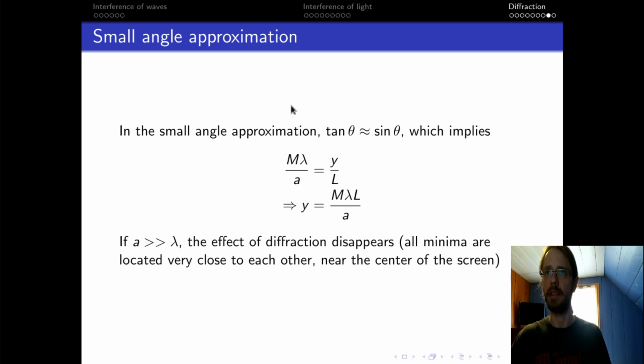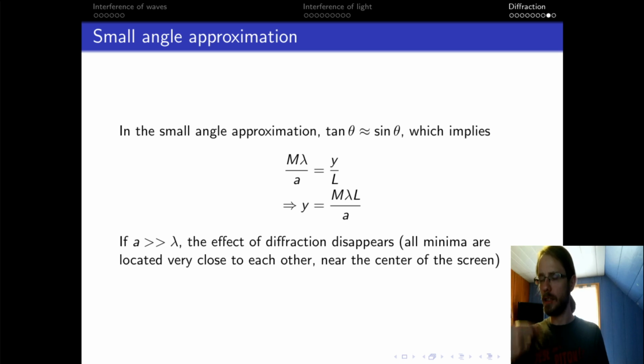The tangent can be written as y over L. The sine was equal to m lambda over a. And then we can isolate y to get an expression, when we have a small angle, for the dark fringes in the case of diffraction, with the index of the dark fringe we are looking at, the wavelength we are sending, the distance between the slit and screen, and the width of the slit.